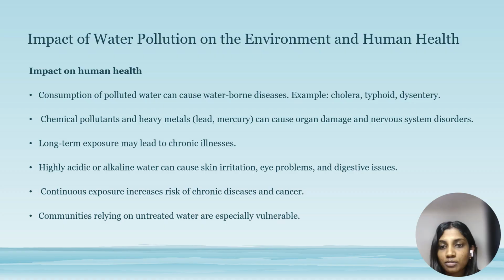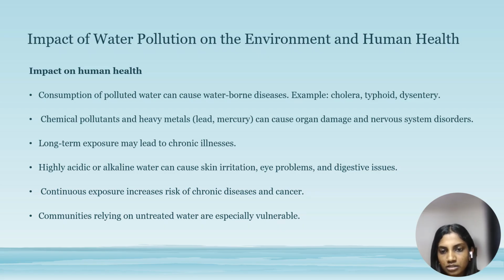So now let's talk about the impact of water pollution on human health. So drinking or using polluted water can lead to serious waterborne diseases such as cholera, typhoid, and dysentery. So the chemical pollutants and heavy metals like lead and mercury can damage organs and affect the nervous system.